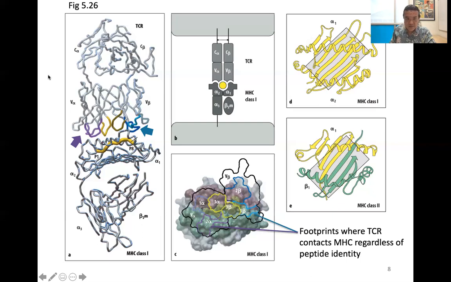This is the actual three-dimensional ribbon diagram of the polypeptide backbone of these proteins. This is kind of cool, because you can relate this to the cartoon in the middle. On the left, again, is the alpha chain with its two parts, the constant and the variable part. On the right is the beta chain, the constant part and the variable part, just like you see in the cartoon here.